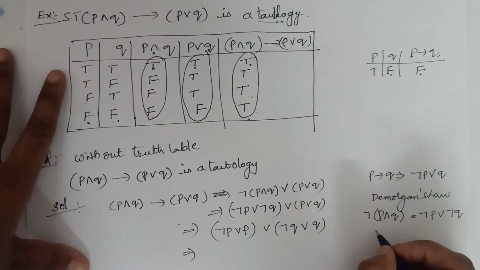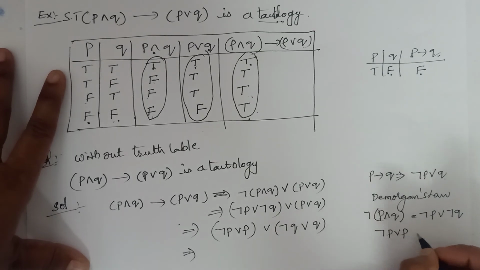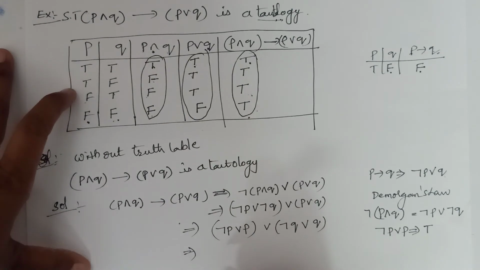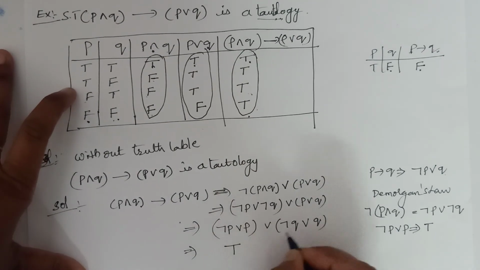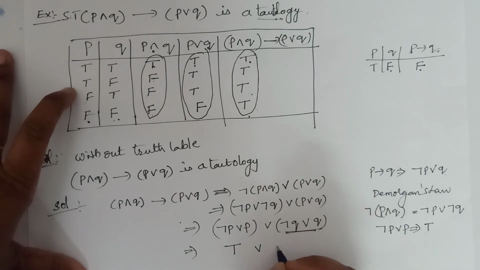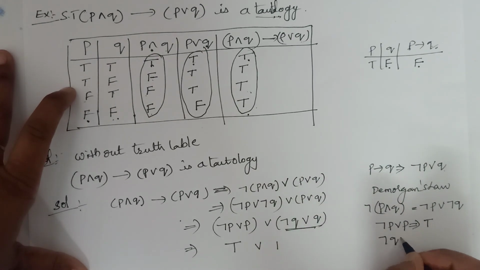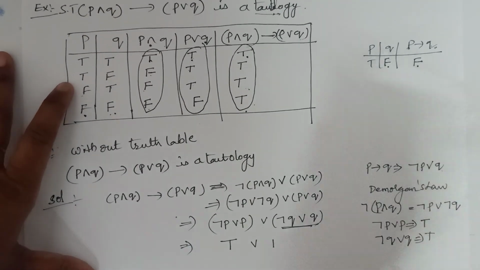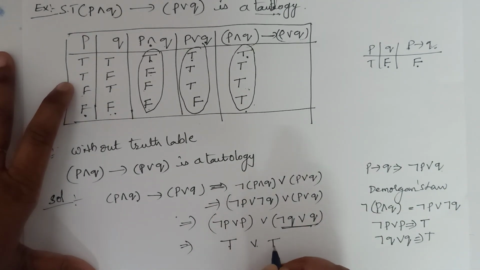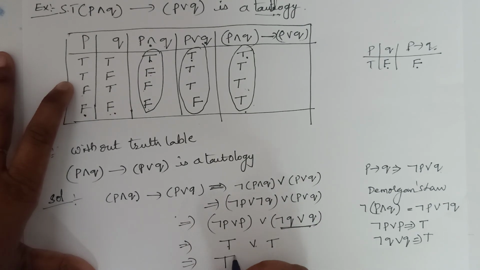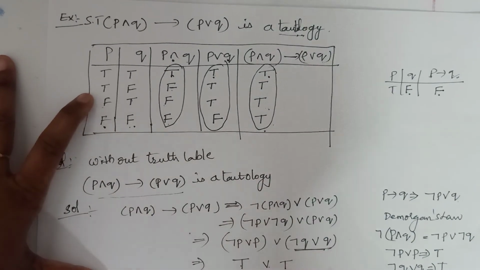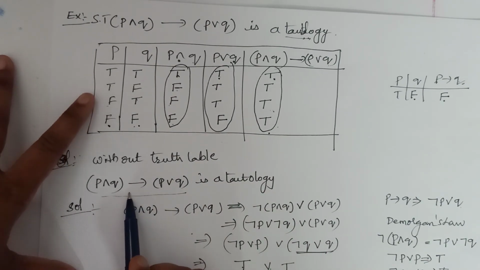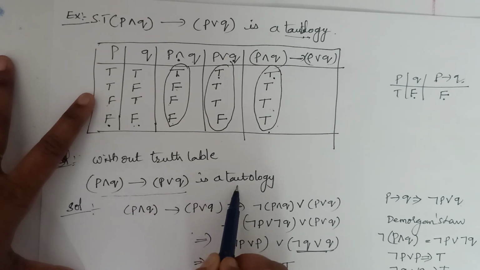We know that negation P or P is equivalent to true, and negation Q or Q is also equivalent to true. So true or true is always true. Therefore the statement formula is always true, so the given statement formula is a tautology.